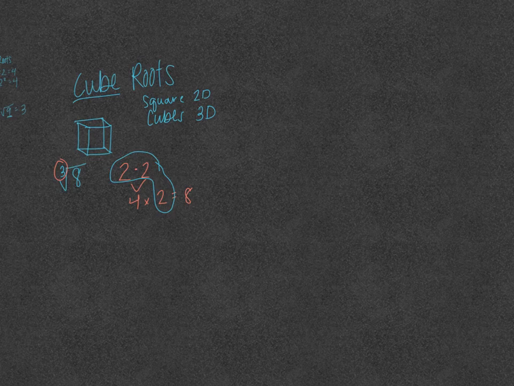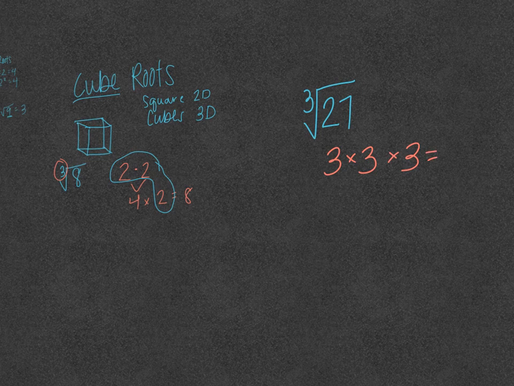We're going to try another one. Alright, so if I find the cube root of 27, we're looking for a number that we can multiply times itself 3 times. So the answer would be 3, because 3 times 3 times 3 equals 27.